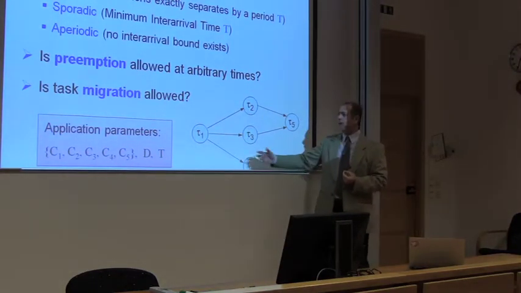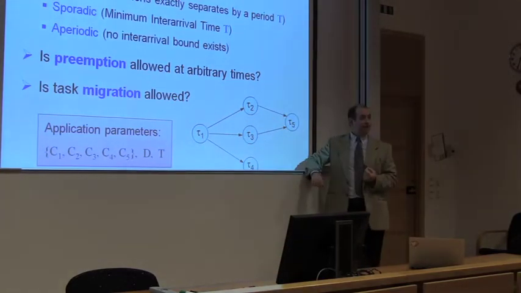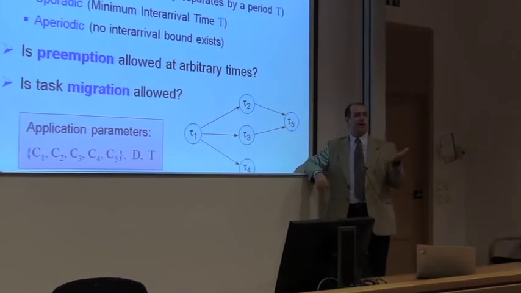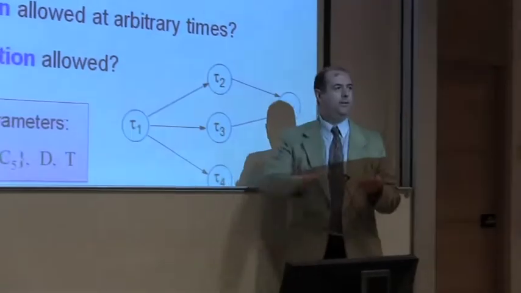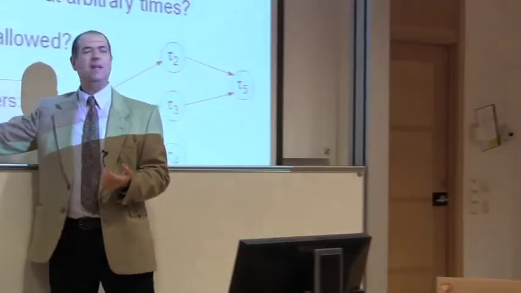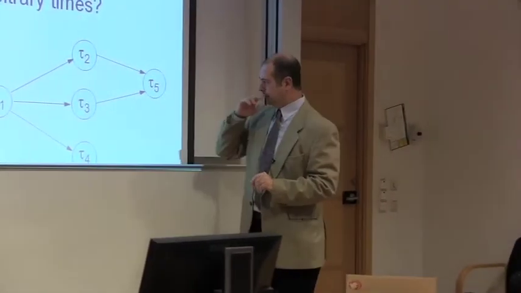The most typical parameters are the computation times for each activity here. So you understand that in order to provide the computation times, you need to assume a specific architecture, because computation time really depends on the architecture. By computation times here, I mean worst case computation time. So in the worst case situation.